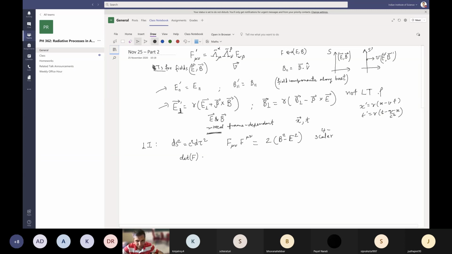And what does it correspond to in terms of E and B? It's E dot B. So E dot B is equal to E prime dot B prime. You can actually show it using these forms. This is another Lorentz invariant. Okay. And there is a physical way of looking at some of these transformations.